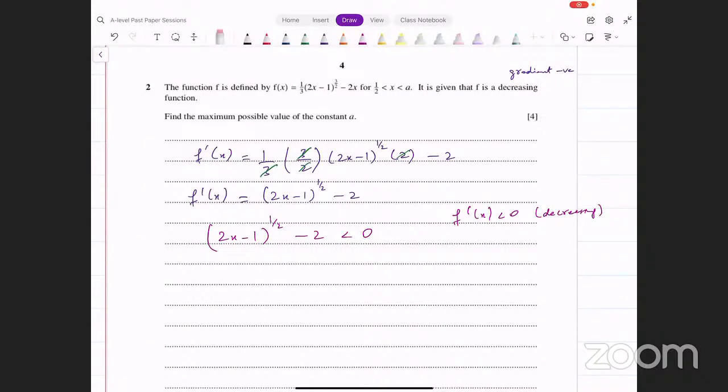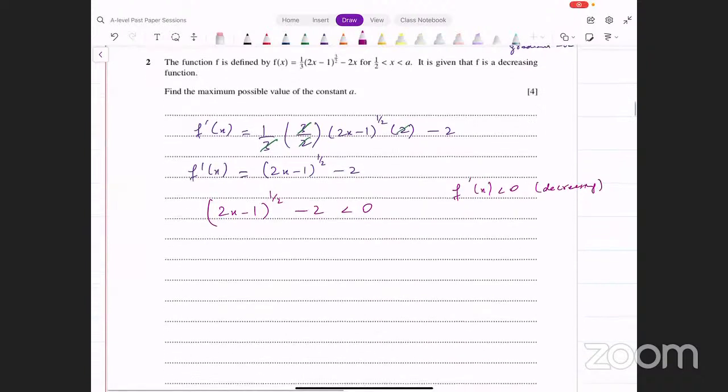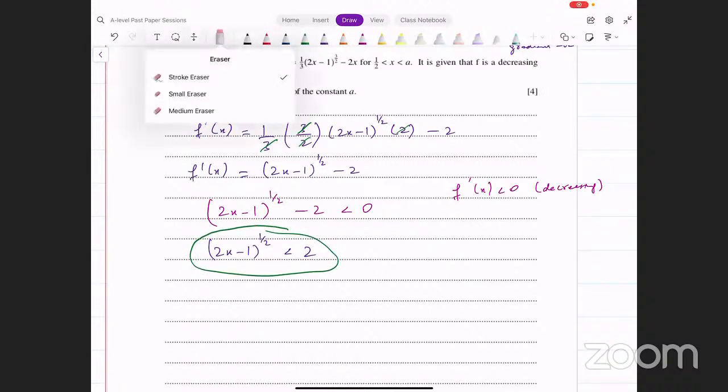And we see what that gives us. 2x minus 1 whole raised to power 1/2 minus 2. This should be less than 0. ये हमें क्या देता है? This gives us 2x minus 1 whole raised to power 1/2 less than 2. And now what we want to do is we want to get rid of this power. हम दोनों sides पे square ले लेते हैं. Inequalities के अंदर आप square ले सकते हो दोनों sides का जब दोनों sides आपको पता है कि negative नहीं है. अगर दोनों sides positive हैं तो आप दोनों का square ले सकते हो. ठीक है? तो हम यहाँ पे square ले लेते हैं.